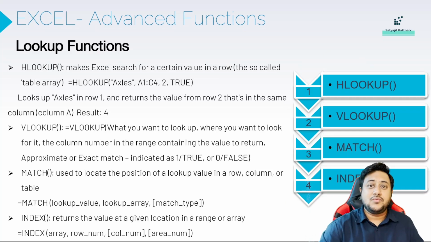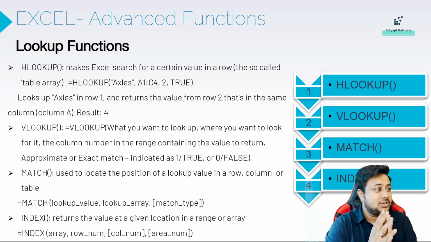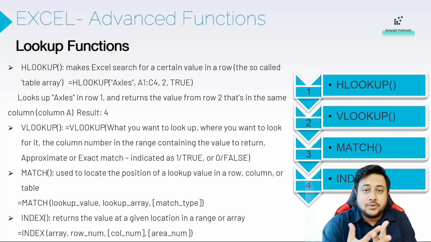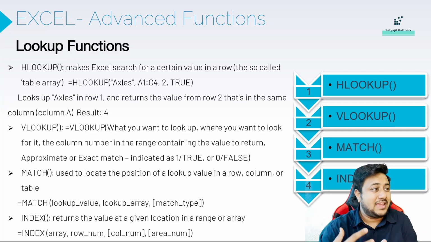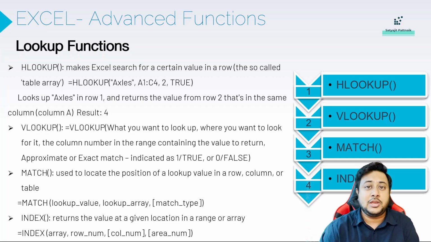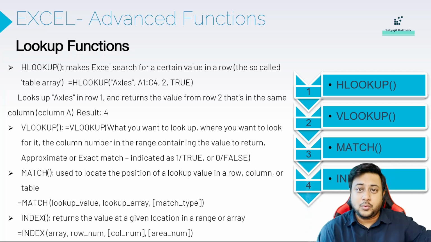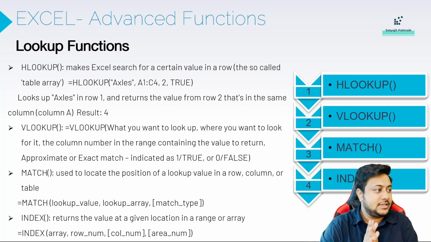Apart from that, we will also be learning about these functions. HLOOKUP, of course, makes Excel search for a certain value in a row, the so-called table array, and it is used in this format: equals HLOOKUP, something, range, something. We'll be learning in detail about all these things.